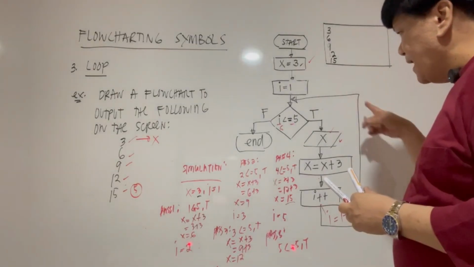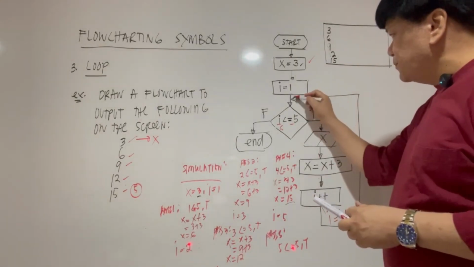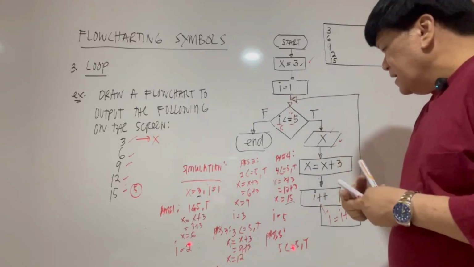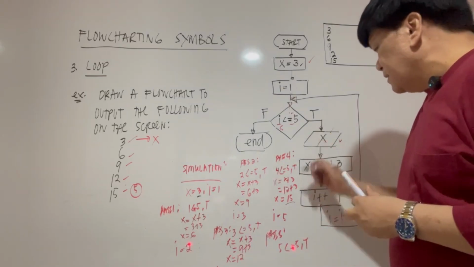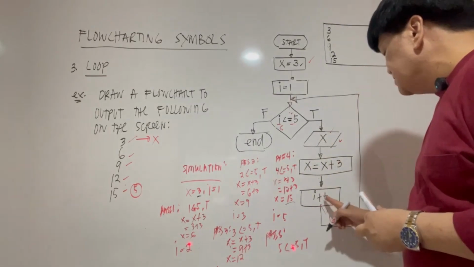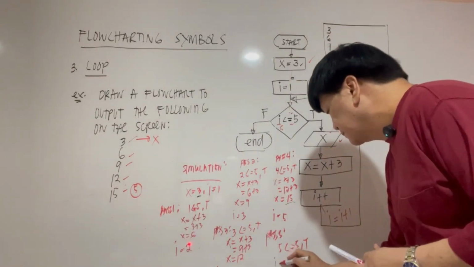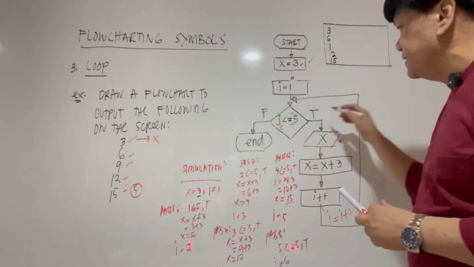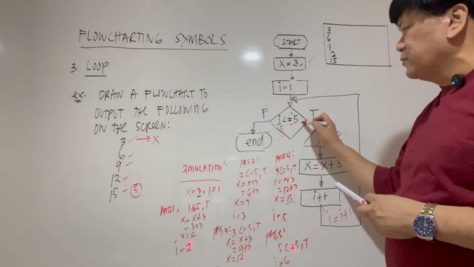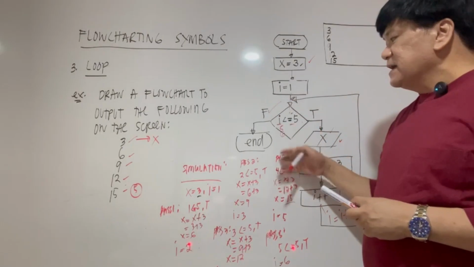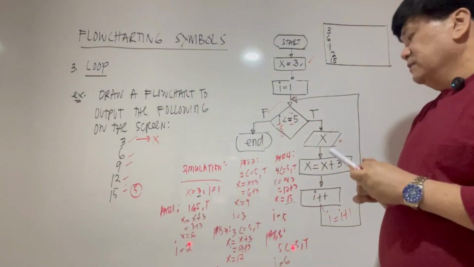And then you look back. Then again, you proceed to this. So you update first the I. I now is equal to 6. Then loop, is 6 now less than or equal to 5? The answer is false. That's the end of the flowchart.